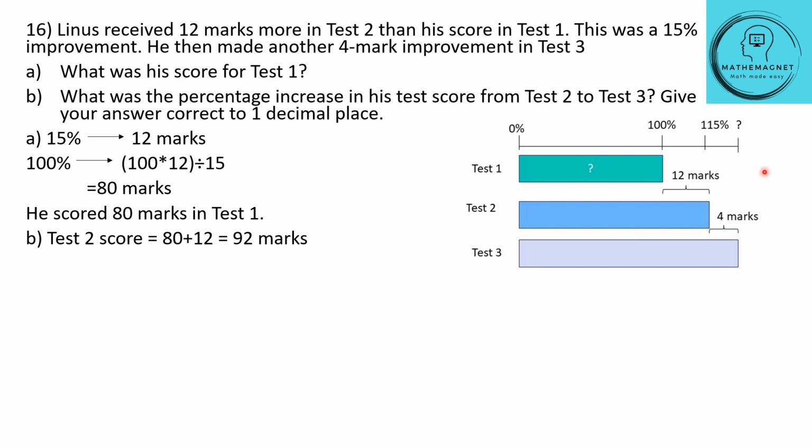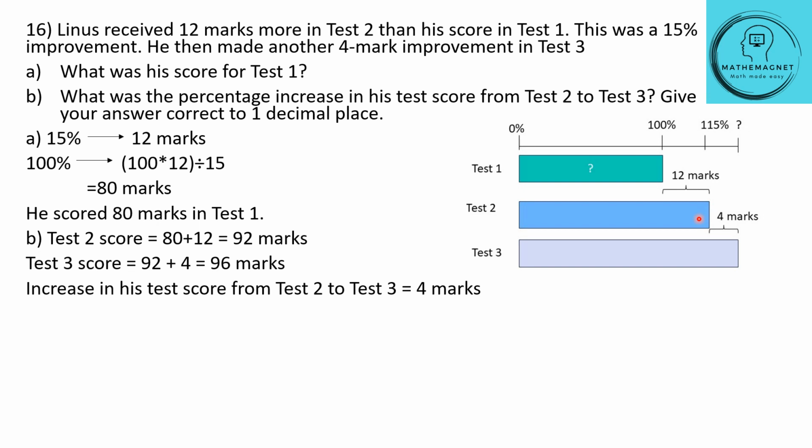We know he has got 12 marks more in test 2, right? So his test 2 score becomes 92 marks, and now when you are comparing test 2 and test 3, test 2 becomes your base value. So this 92 marks becomes your 100%, right? And the test 3 score is 92 plus 4, which is equal to 96 marks.